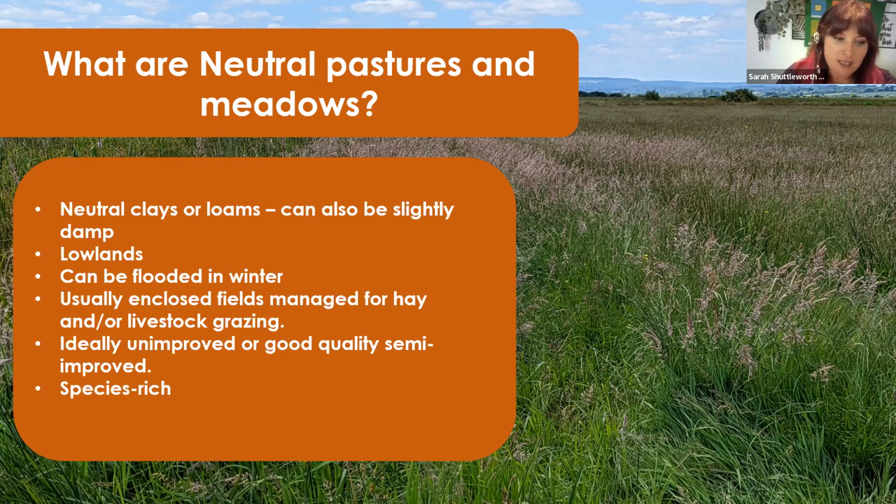So they are generally species rich, but as I say, certainly in some fields you can get areas that are maybe remnant species rich, but areas that are less species rich where the grazing's been maybe more intense. So there's a lot of variability across an entire field sometimes. If we're talking about these habitats more north of the UK, then we're probably looking at what is termed upland hay meadows. But again, they're probably not actually upland, that's just the terminology that's used in the north.